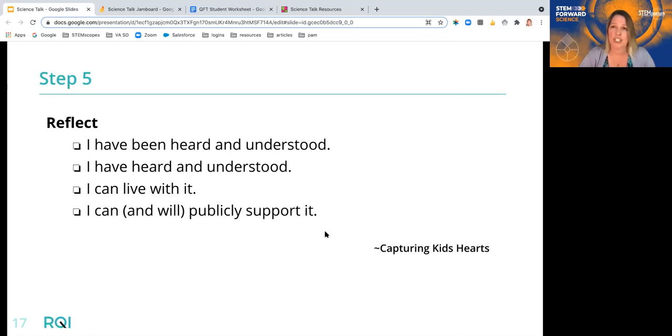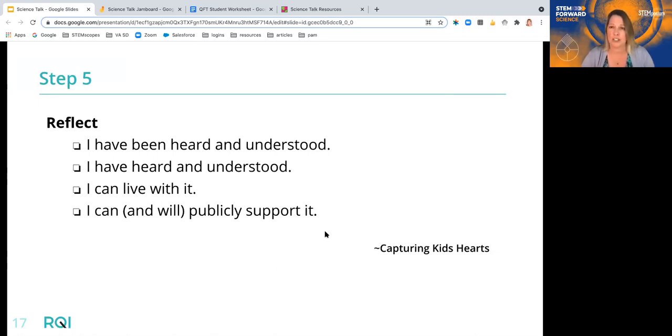After each and every project, we want to make sure that students have an opportunity to reflect on that. And there are different ways that the students can do that. This is something that we have used in the past and it just speaks to me in terms of having the students reflect. The first is that they've been heard and understood. Can each and every participant say that they've been heard and understood, meaning that they've had an opportunity to speak?